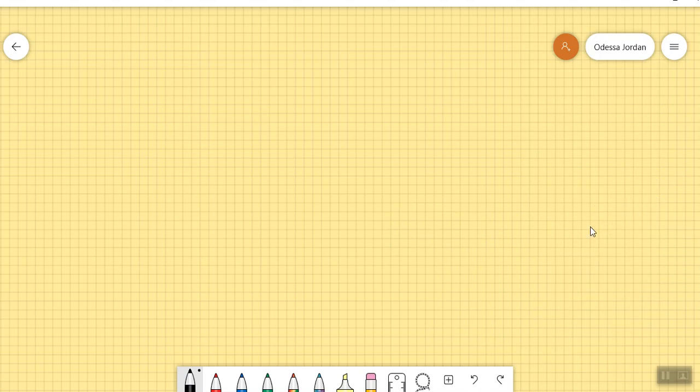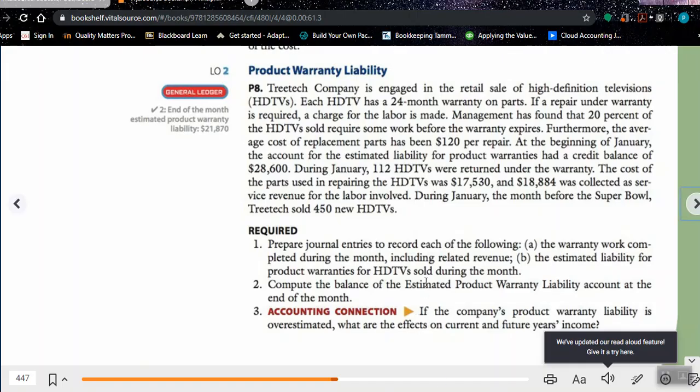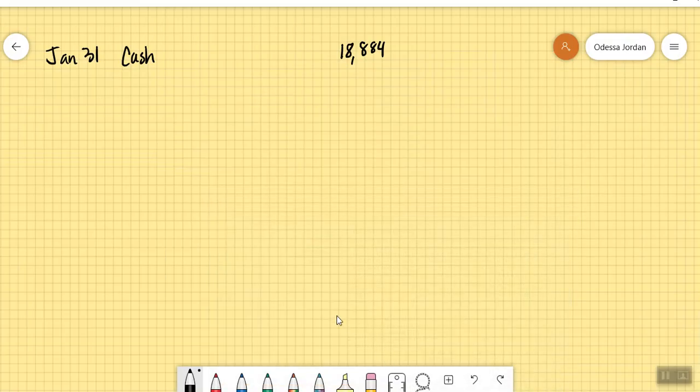All right. So for January 31, we want to show that we received cash of 18,884. And just to clarify, that's coming from the sale right here. 18,884 was collected as service revenue for the labor involved. All right.